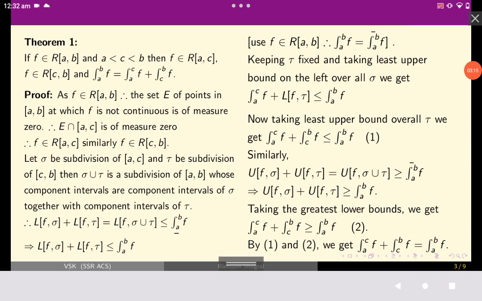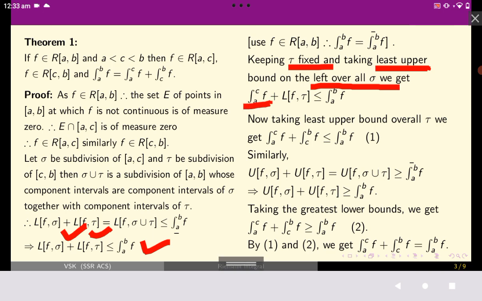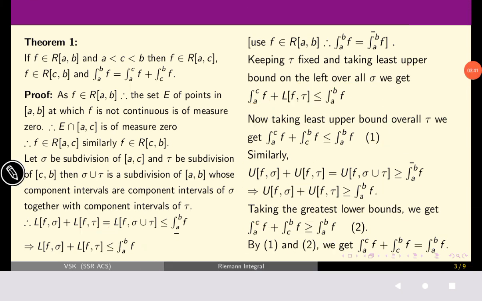Now in this expression, taking tau fixed, and taking the least upper bound on the left over all sigma, because this always holds. So if we keep changing sigma and take the least upper bound over all sigma, we get the integral from a to c of f plus the lower sum of f with respect to tau is less than or equal to the integral from a to b of f.